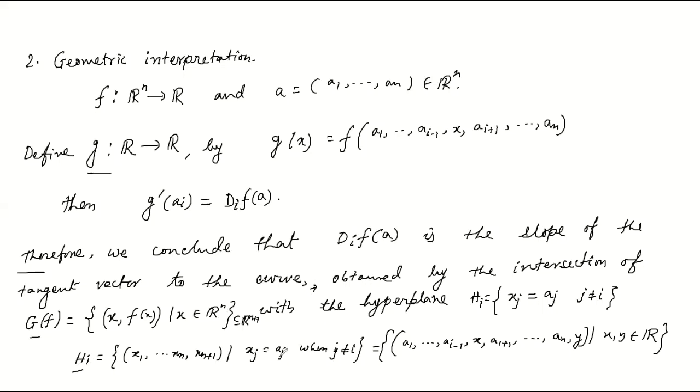So where is the slope? At the point, where is the tangent vector? At the point (A, f(A)).